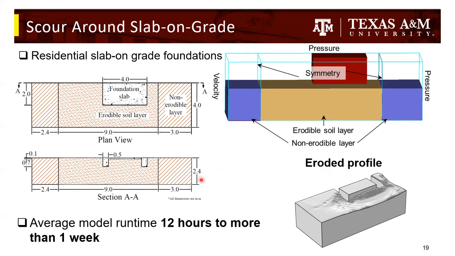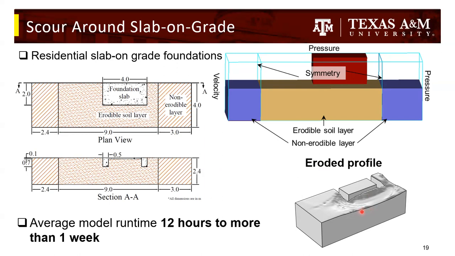Like I was mentioning, some of these computations are time consuming: on average, the model runs from 12 hours to sometimes more than a week. At the end of the simulation, the model generates an erosion profile, which is seen on the right. This is the erosion profile at the end of that particular simulation.